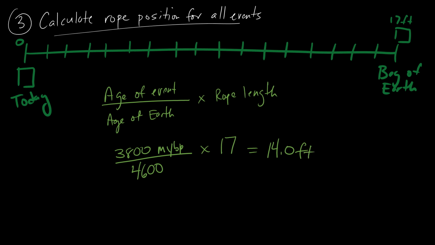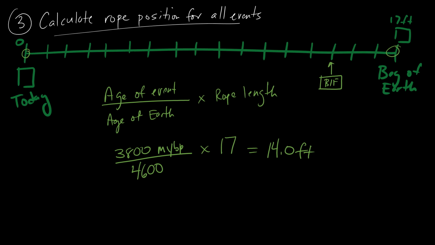In other words, 3,800 million years ago corresponds to about 14 feet down the rope, which is here. So the Earth started on this end, and this is present day. These banded iron formations occurred approximately there, very near to the beginning of the Earth, quite far relative to today. So that's how you do it.